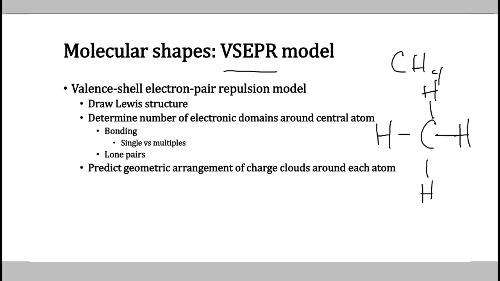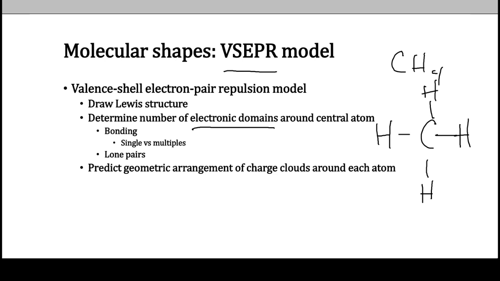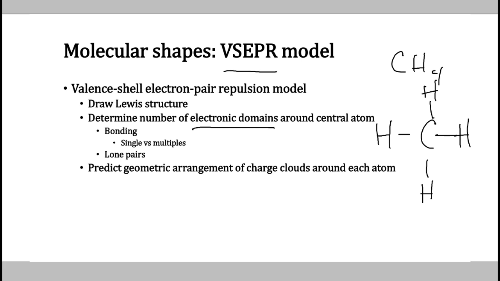The first thing that we're going to do is start by determining how many electronic domains are around the central atom. Whenever we're counting domains, we're going to count single bonds as a single electronic domain. So for CH4, we would have 4 electronic domains.